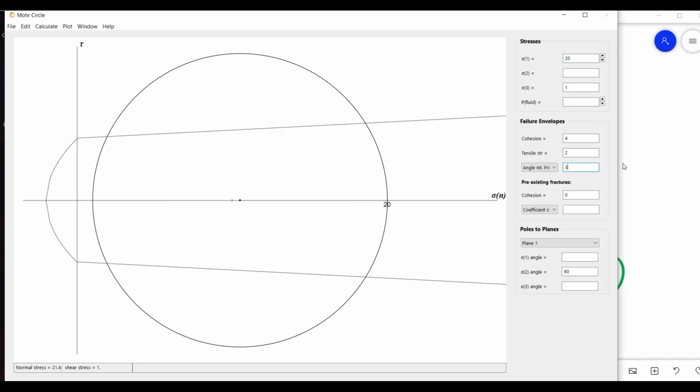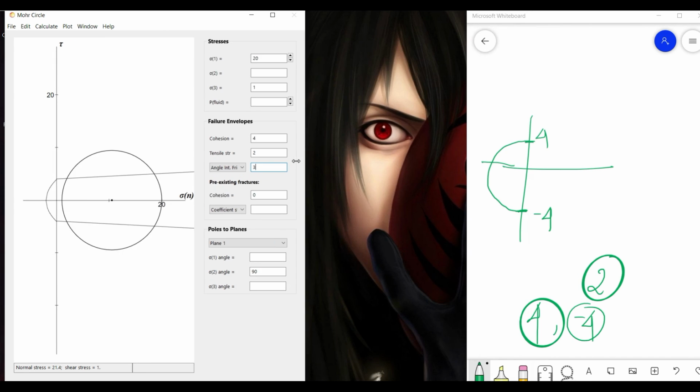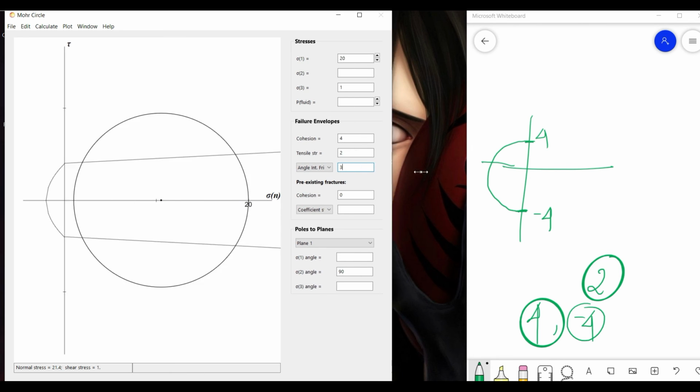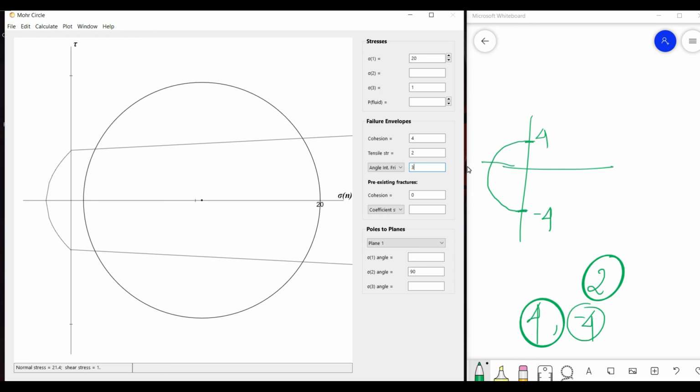As we have already discussed, the Griffith-Coulomb fracture criteria is an envelope that describes whether a particular plane will be stable or not. That means if this is your circle and you are drawing a line which is tangential to the circle at a particular point, then this normal stress and this shear stress value will be the value for fracture.